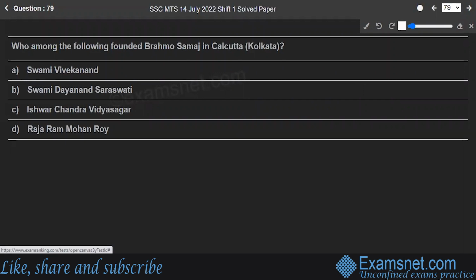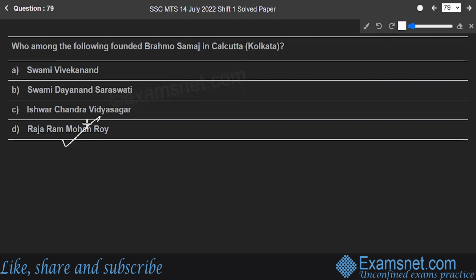Who among the following founded Brahmo Samaj in Calcutta, Kolkata? Swami Vivekananda, Swami Dayanand Saraswati, Ishwar Chandra Vidyasagar, or Raja Ram Mohan Roy? Well, the correct answer to the question is option D, Raja Ram Mohan Roy. Brahmo Samaj is the social aspect of Brahmoism, which commenced as a monotheistic reformist movement of the Hindu religion, regarded as significant during the Bengal Renaissance.